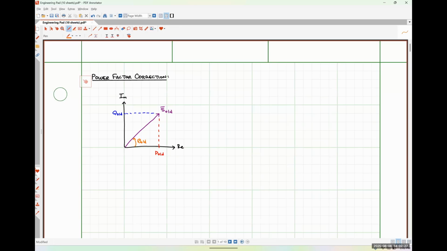factor correction. So my question to you guys, and I hope this is a fairly simple one, is if I want to improve the power factor at which this load operates, meaning that I want it to be closer to a power factor of 1, do I need to make that angle theta old larger or smaller?